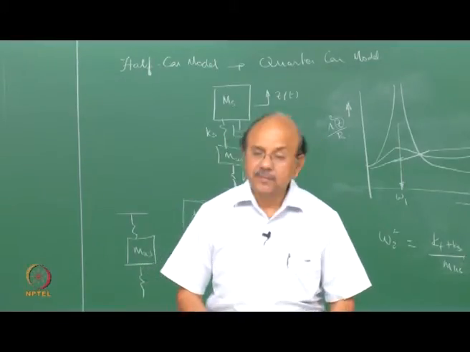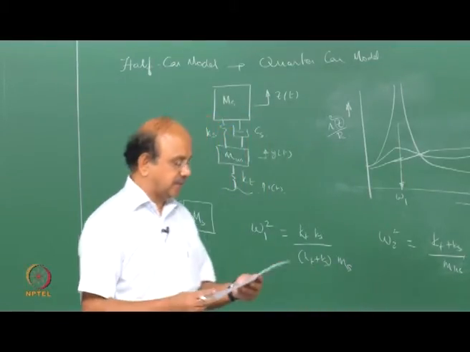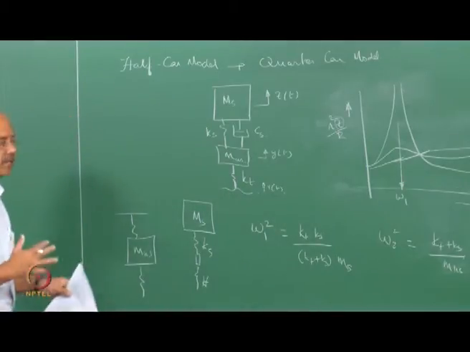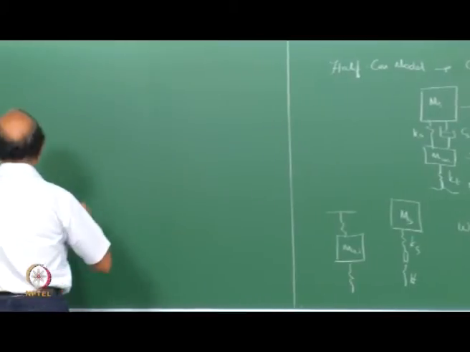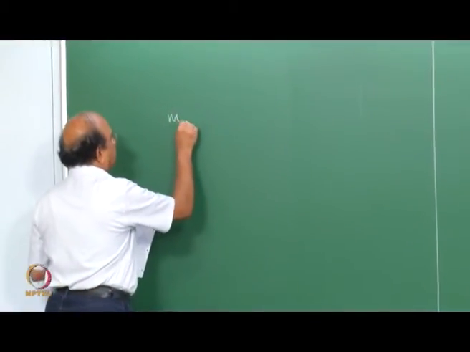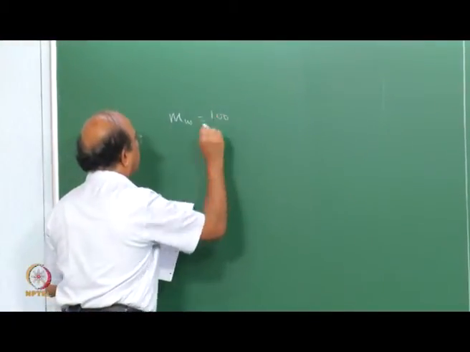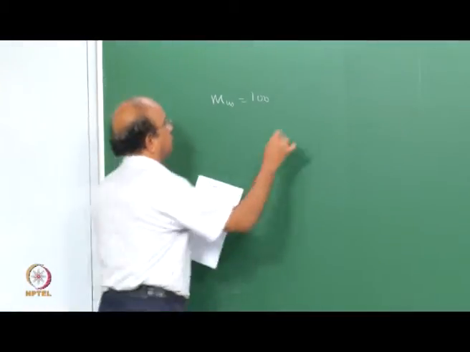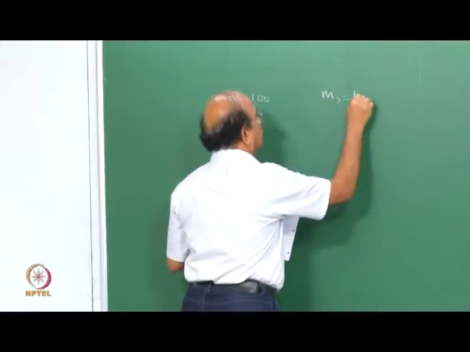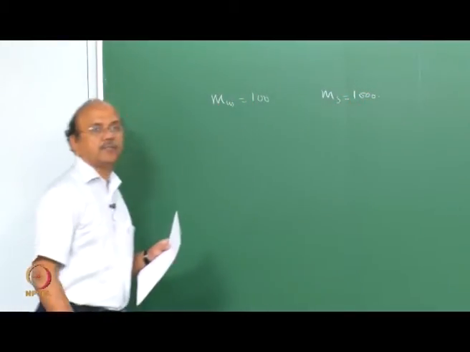Yes. We will look at some similar typical results, just to understand these factors. For example, for a typical car, which you're taking from one of the textbooks, let's say that unsprung mass is 100 kg. The sprung mass is 1000.